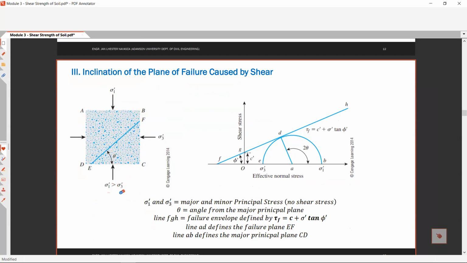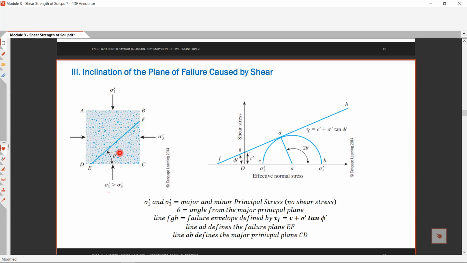Sigma prime 1 we call the major principal stress, the normal stress without the shear stress, normal stress alone. Sigma prime 3 is the minor principal stress. That is why this plane is the major principal plane, because your major principal stress is here. And this one is your minor principal plane, because your minor principal stress is here.